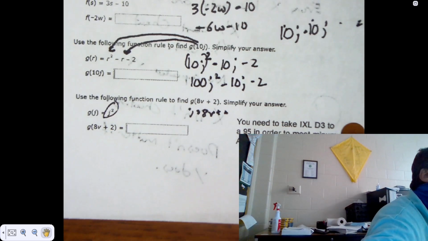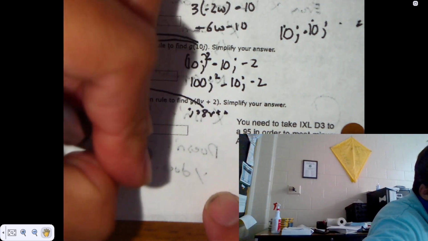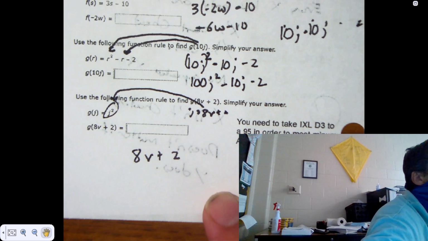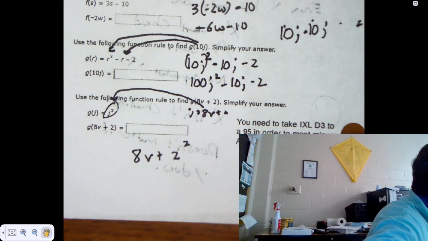And it's really just as simple as plugging an 8V plus 2 right there, isn't it? So we'll put it there. There will be some kid who just thinks they know how to do algebra and they just put a 2 there. You're only squaring the 2. It's literally 2 or more in your wrap. And you need to apply that outside of algebra class as well. You really, really do.